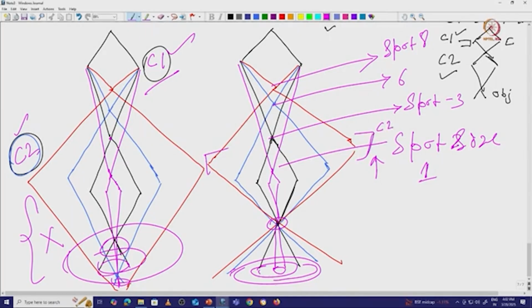So our C2 lens is somewhere here, right? When our C2 lens is somewhere here and we are using spot size 8, the beam is really spread. Then if we change the magnetic field of the C2 lens, we can converge this beam to one particular point, and it can give us a particular beam diameter.